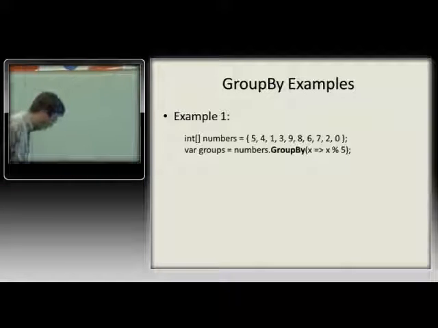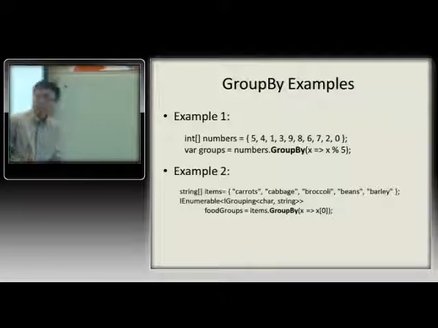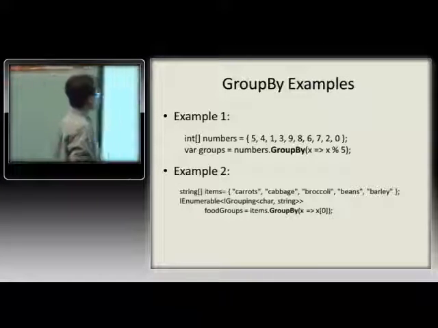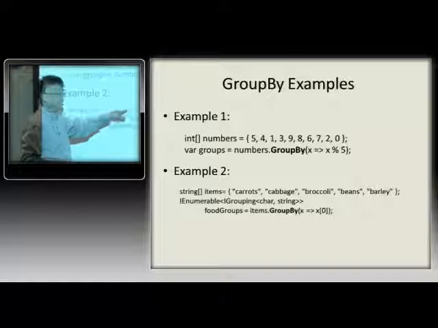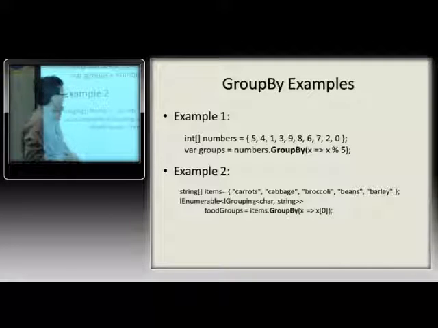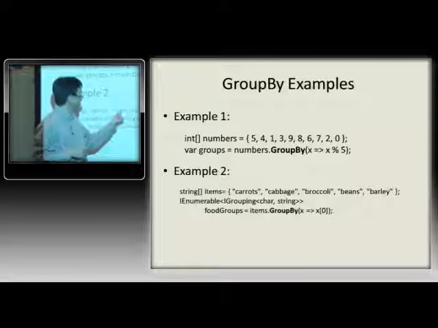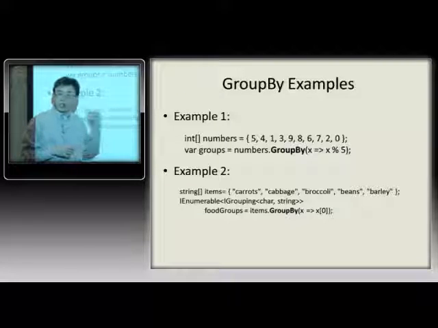Here is another example, where I have some items, which are some veggies, and I want to form groups with the first character of the name of the veggie.